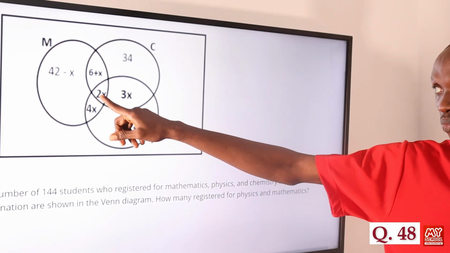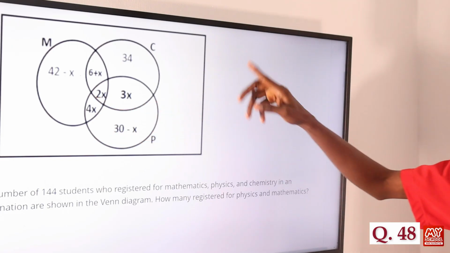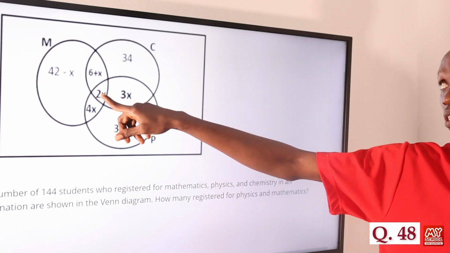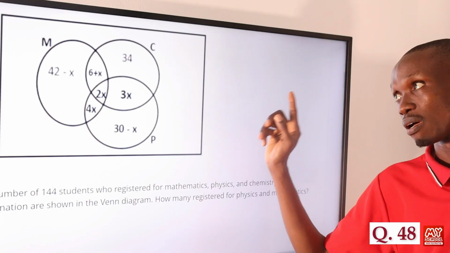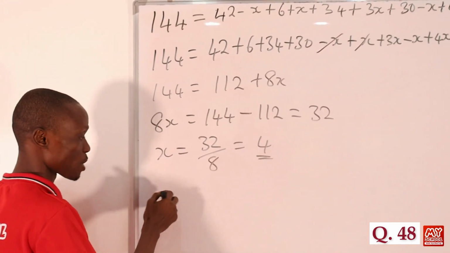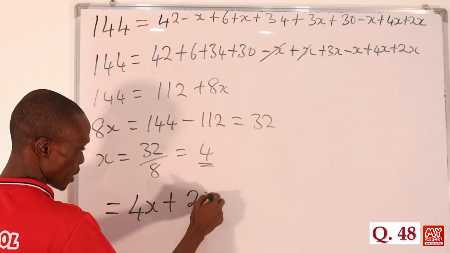Here we have 2x. This 2x represents the number of students that registered for the 3 subjects. That also means that these students that registered for the 3 subjects also registered for physics and mathematics, right? So to get the number of students that registered for physics and mathematics, that will be equal to 4x plus 2x, right?